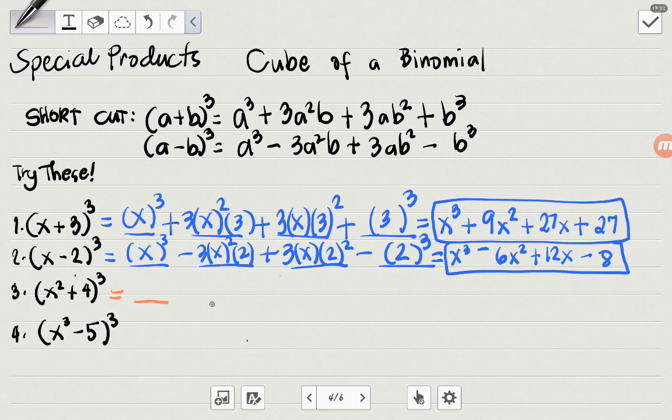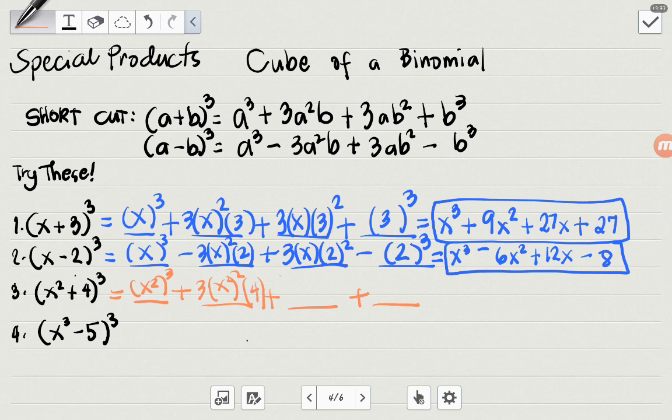So again, meron tayong 4 na term dahil plus 2. So lahat mag-separate. So i-cube natin si first term. Ang first term ay x square. Ang pangalawang term natin ay 3 times square ng first term, x square, and times 4.